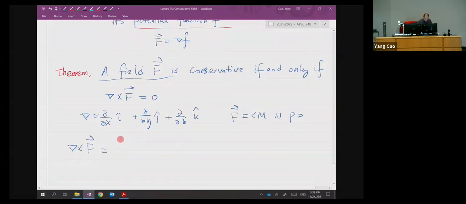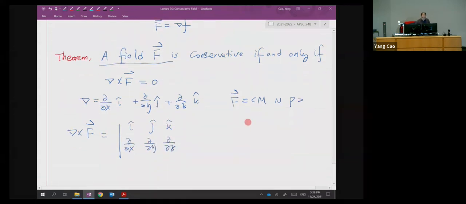The cross product formula: your first row is i, j, k, and the second row is the first vector, but it's not a real numbered vector. The vector here is partial x, partial y, partial z. The last row is the vector function F: M, N and P.